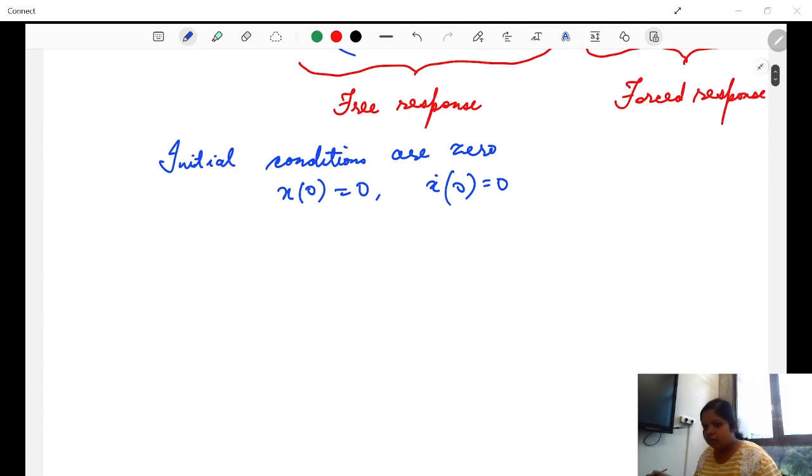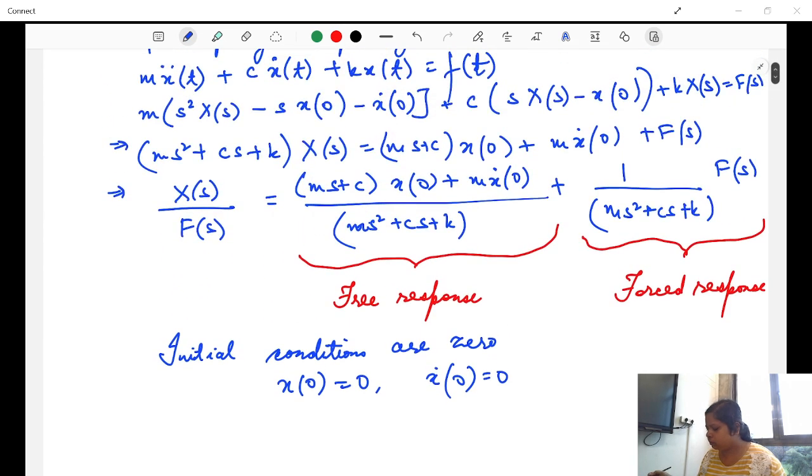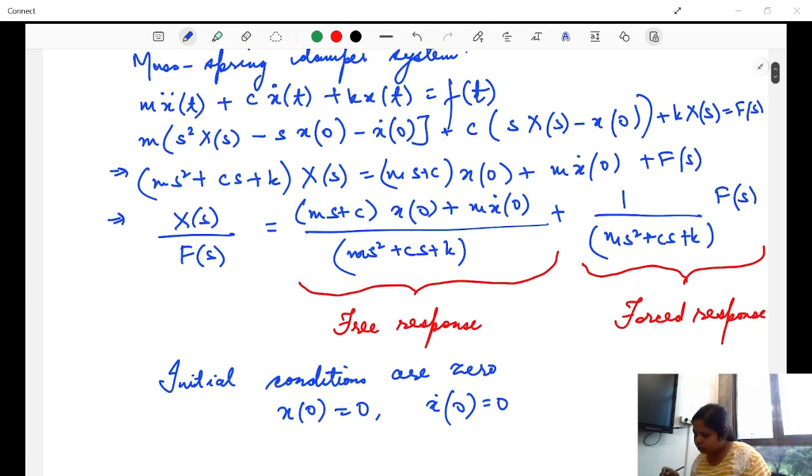Madam, it is free response. Here 1 by F(s) will come, madam, in initial conditions. There F(s) will not come, madam. No, I wanted to separate out the terms. Here, in initial conditions, F(s) will come in the denominator, madam.